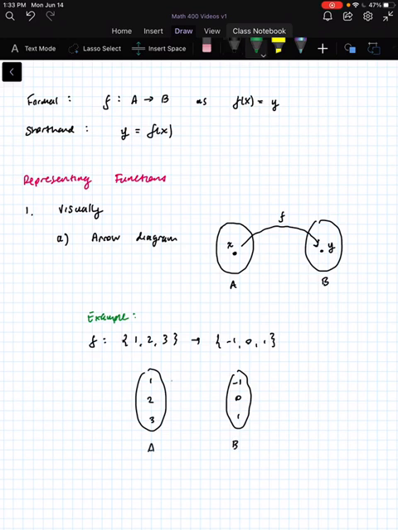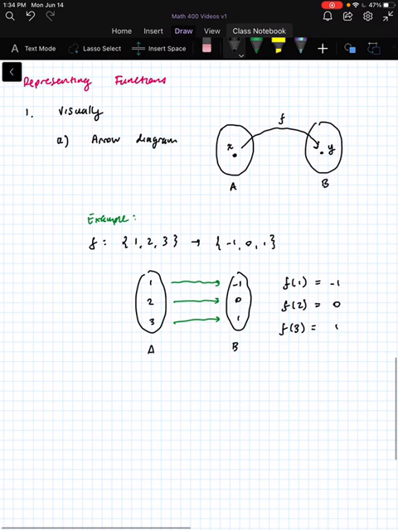And what f is, is this green arrow that's assigning to each element in A something in B. So if we're tracing each arrow, what we're saying is f of 1 equals -1, f of 2 equals 0, and f of 3 equals 1. So we're making that assignment from things in A to things in B. The more useful way that we'll represent functions visually is using a graph in the coordinate plane.